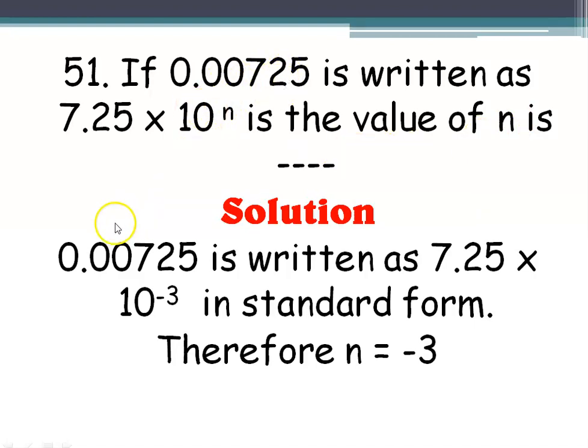For me to get 7.25, how many times will I move my decimal point? 1, 2, 3. So this is written as 7.25 times 10 raised to the power minus 3 in standard form. So my n is equal to minus 3. Do you understand? n is minus 3.